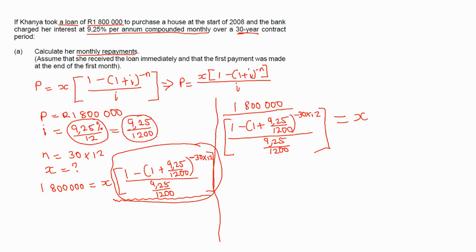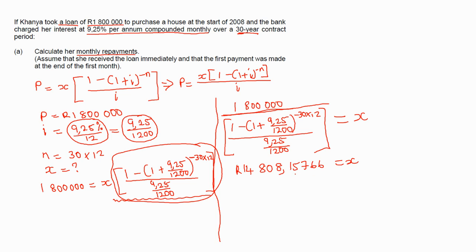We're dividing 1,800,000 by this whole bracket. You see that? And then if you do that, we're going to get our answer, which is 14,808.15766 is equal to x.